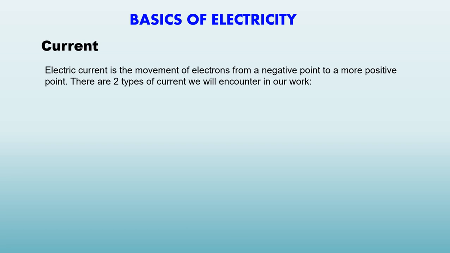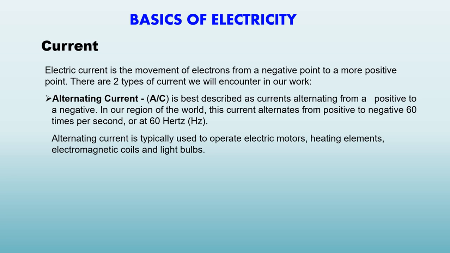The next element in understanding electricity is current. Electric current is the movement of electrons from a negative point to a more positive point. There are two types of current that we will encounter in our work. Alternating current, or AC, is best described as current alternating from a positive to a negative.